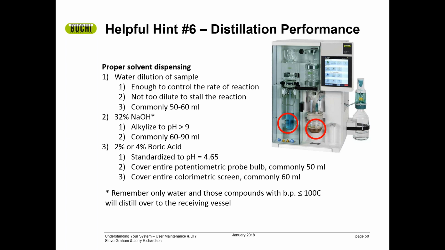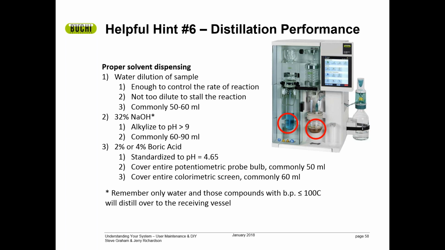And on the boric acid, here's a very interesting part. On the boric acid, you need to make sure that if you're using a pH probe, that the end of the pH probe is not touching the bottom of the distillation vessel, or the receiver vessel. And you may need to make sure that the bulb is covered by the boric acid. This is typically about 50 mils.